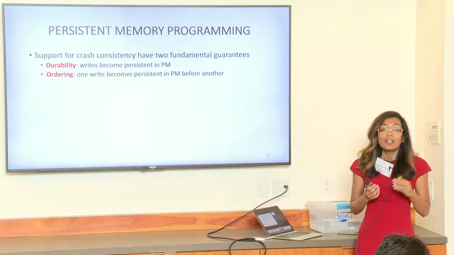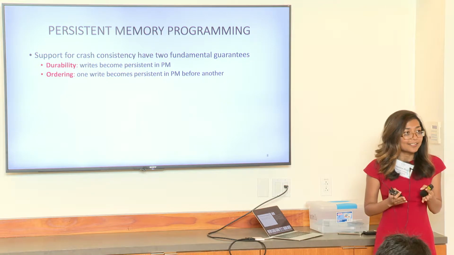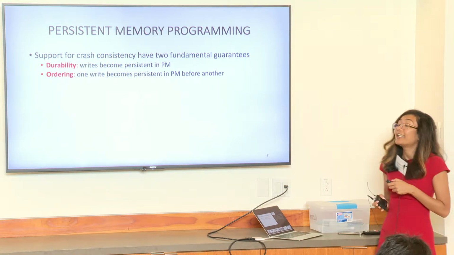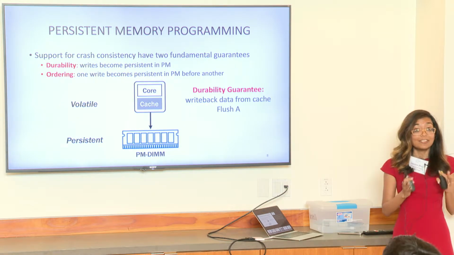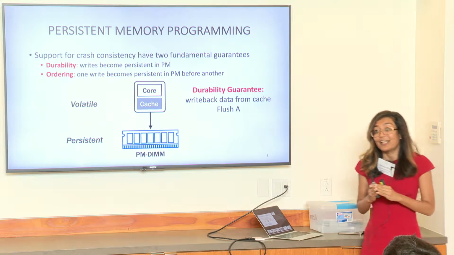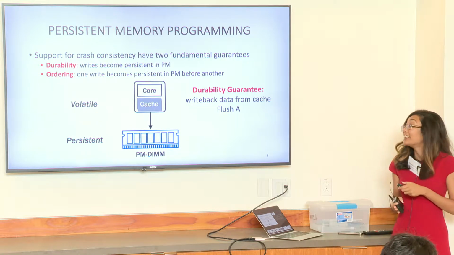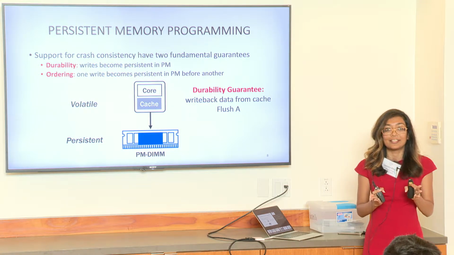When we are talking about crash consistency, there are two fundamental guarantees that applications need to provide. We need durability and we need an ordering guarantee. When I talk about durability, what I mean is the data from the cache, which is volatile, has to be written back to persistent memory to make it durable.